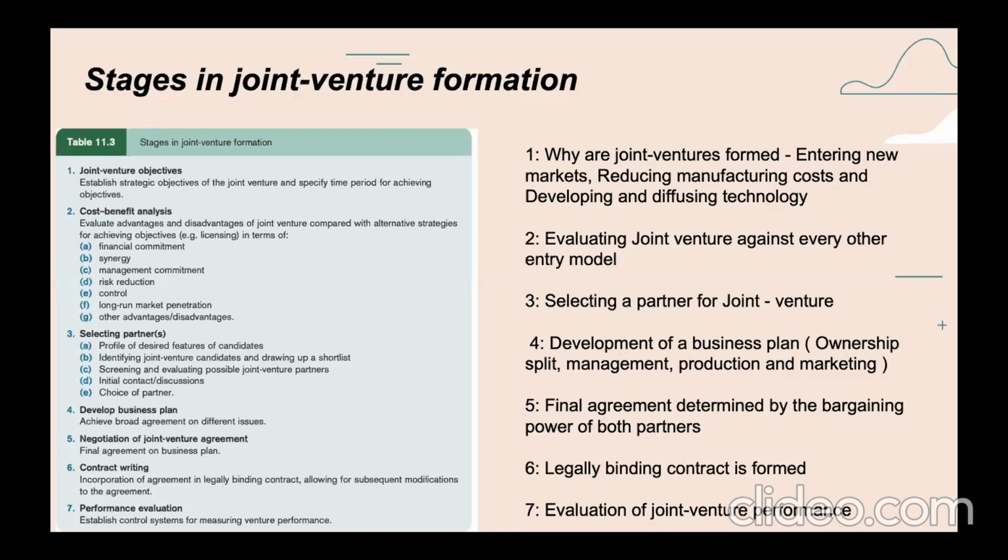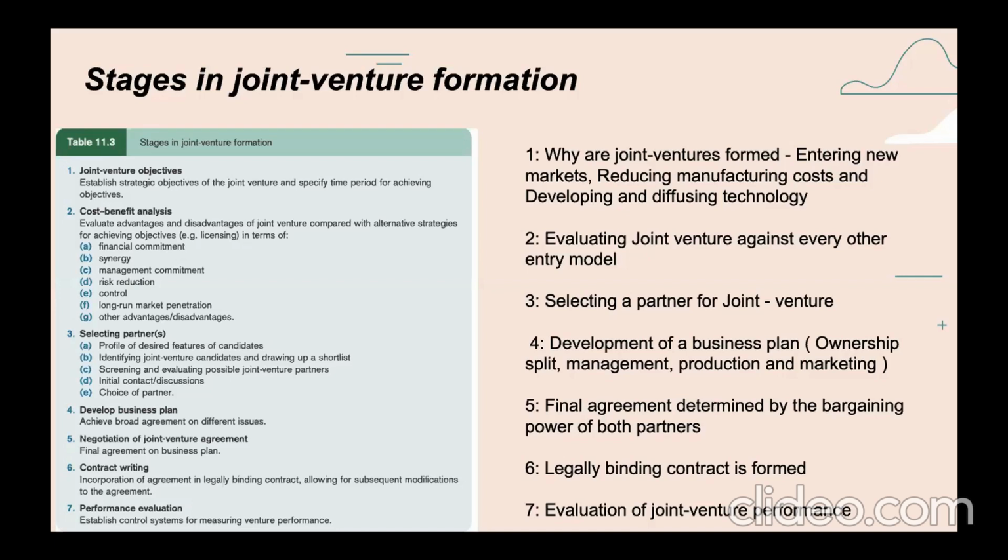After that, we select a partner for joint venture, making a profile for it, identifying the candidates, drawing up a short list, screening them, and making an initial contact and a discussion. After that, we choose a partner. So there is a development of a business plan where we consider ownership split, management, production, and marketing. After that, it's the final agreement determined by the bargaining power of both partners.